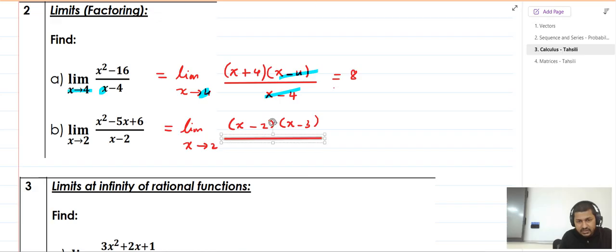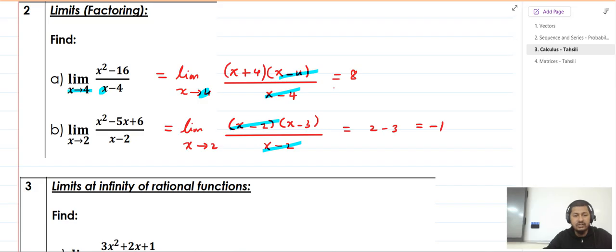We see that x minus 2 on the numerator and denominator cancels out. So we can cancel this out, and if I substitute 2 inside, I get 2 minus 3, which is -1. I hope you guys are understanding.